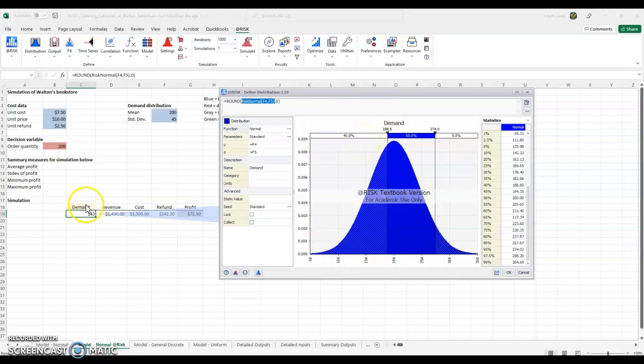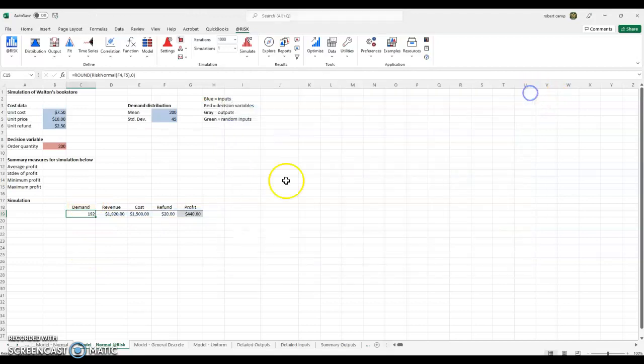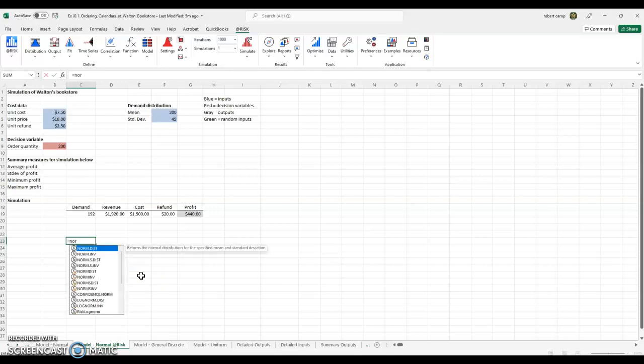So how would I do that in Excel? Let me close out of this. If you remember, we could look at our actual functions for norm. So we have norm.dist. This is our normal distribution. We feed in the number, we give it the mean and standard deviation, we tell it if it's cumulative or discrete, and it will come back with that percentage. So in this case, 188.6 is the number we're looking for.